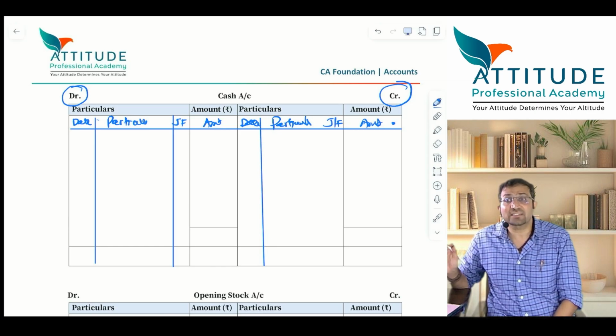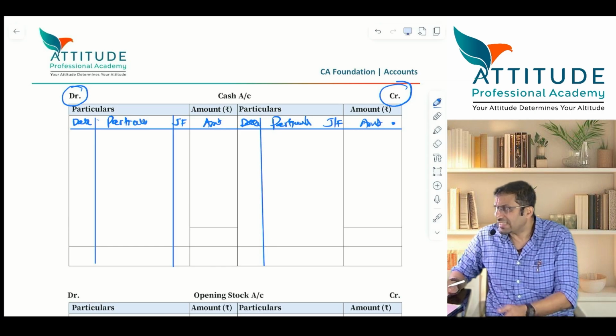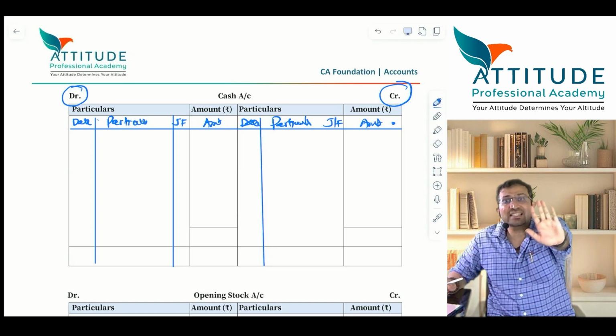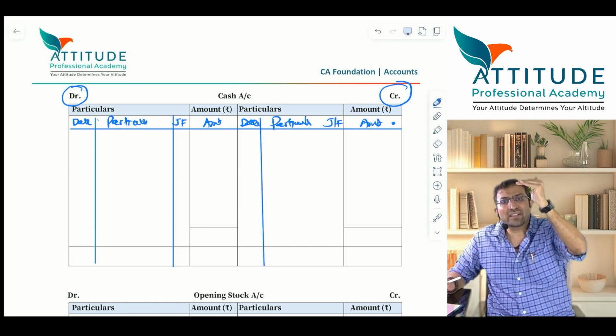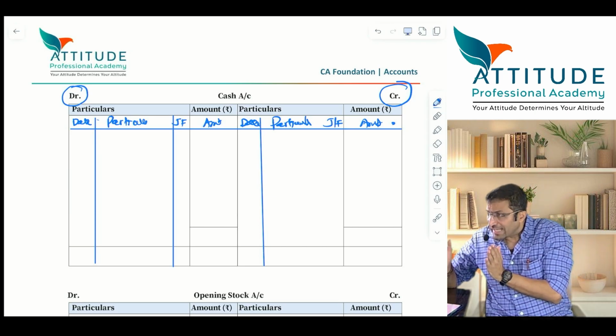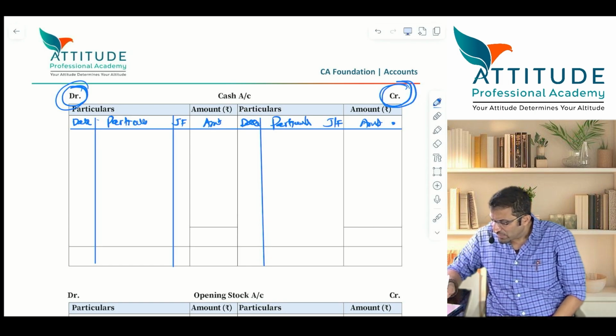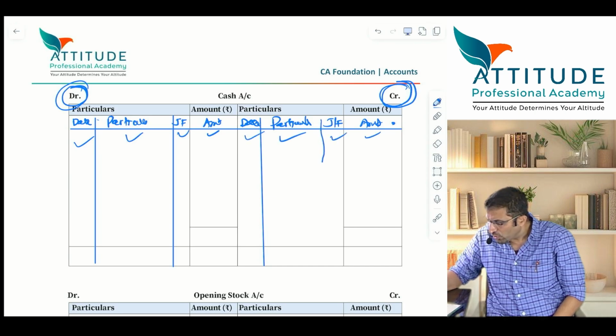Generally these are the things, but for your limited purpose, we'll not take the dates here because dates are not given. I repeat once again: an account has 2 sides, debit and credit. Each side will have 4 columns. Debit side 4 columns, credit side 4 columns. Is that clear?